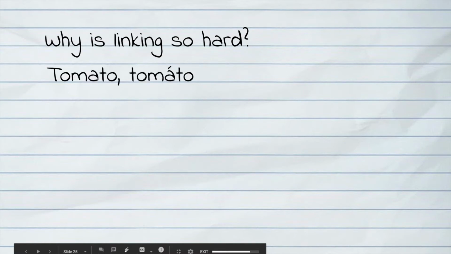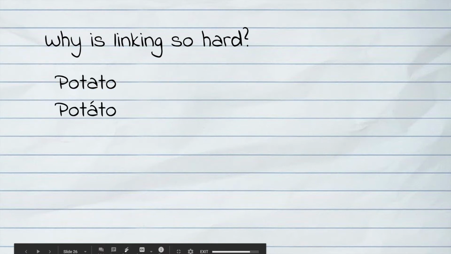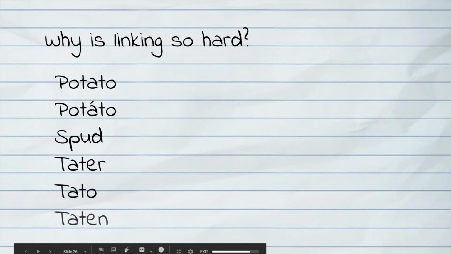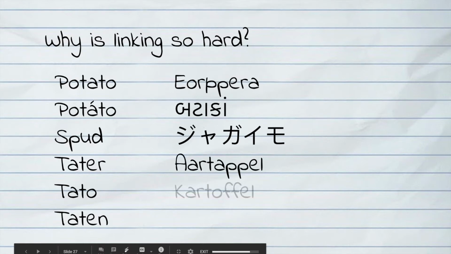One person can call something a tomato, the next person calls it a tomato. One person calls something a potato, the other person calls it a potato. But then there's also spud, and tater, and tato, and tatin, and the list just keeps growing and growing.